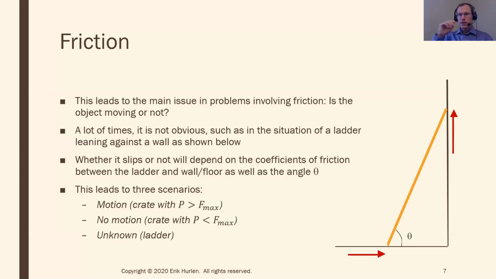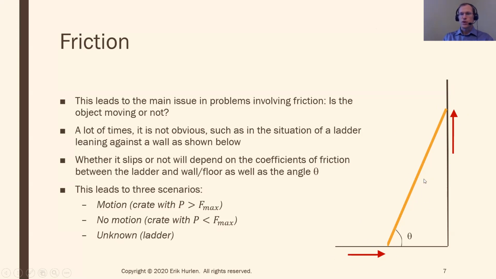A third scenario that we can see due to friction is a situation where it's very unclear whether the object's going to move or not. So in the previous case, it was a little unclear. This situation with the ladder is actually even more unclear. I could have some frictional force, some mu value between the ladder and the wall. Same thing for the ladder and the ground.